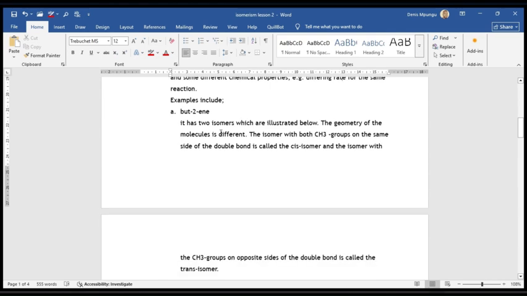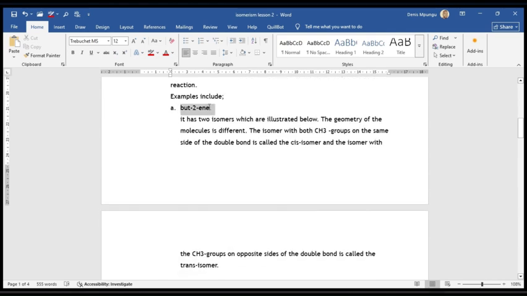We have but-2-ene. I hope you remember the formula for but-2-ene. It is CH3 CH=CH CH3. That's how we write it. Now the carbons with the double bond each have a hydrogen atom attached and a CH3, as you are going to see down here briefly.